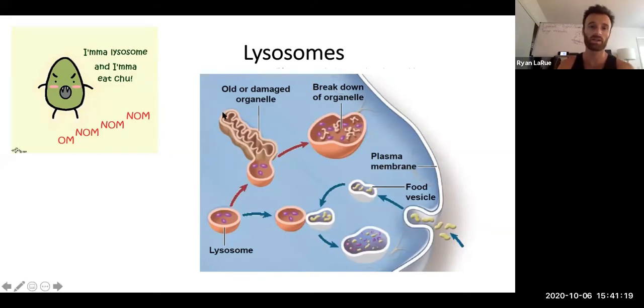If there's an organelle that's old or damaged, the lysosome will actually fuse with it and break it down, recycle it into its molecular components, and it can be reused to build proteins or membrane or whatever it is. That's one role of the lysosomes, that recycling, renewing function.